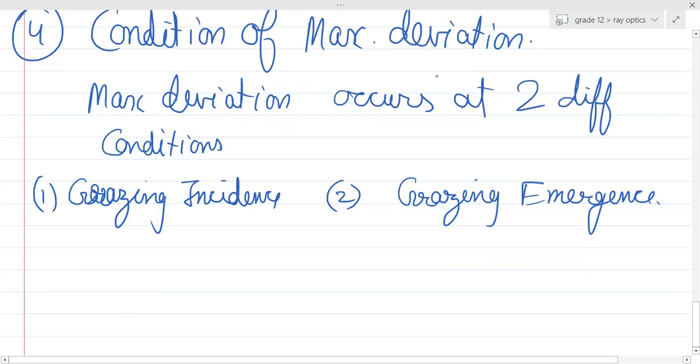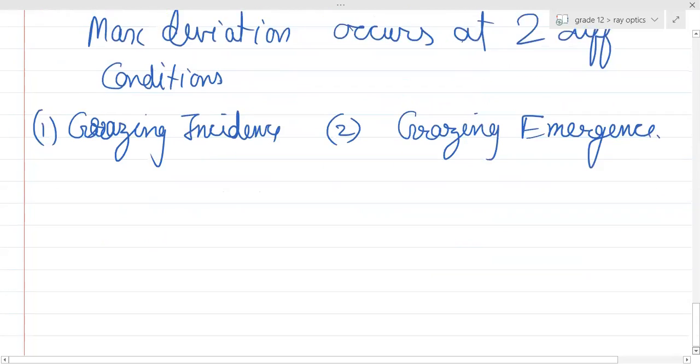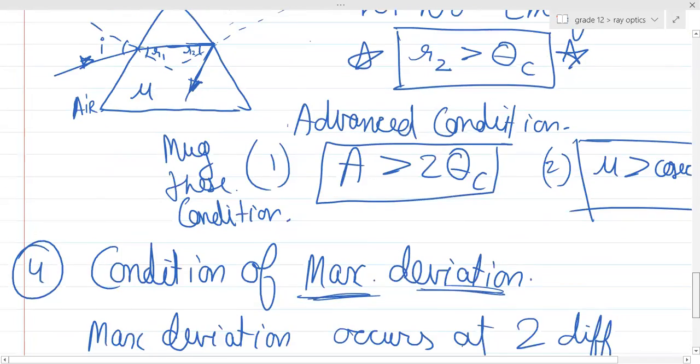Whenever someone asks at what angle the deviation will be maximum, the deviation becomes maximum when there is either grazing incidence or grazing emergence, right? So in this condition, I'll just copy paste.